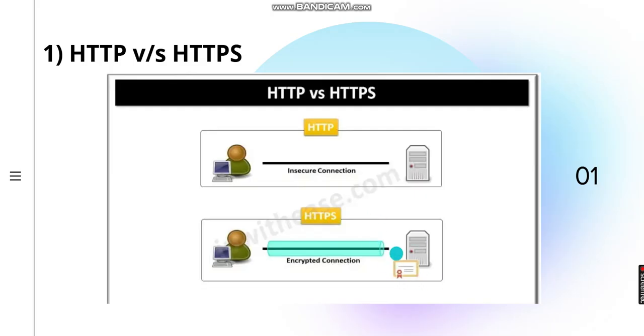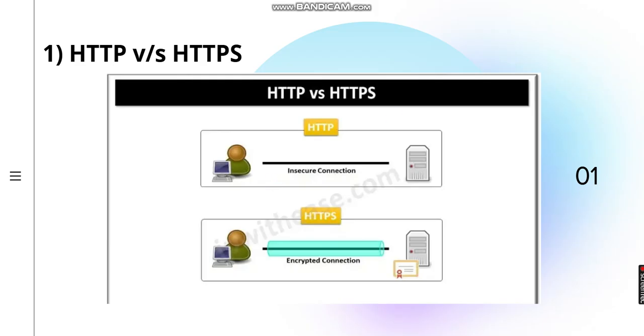There is a certificate signed at the server end, an SSL certificate. Using these protocols, the data you get from the response is encrypted, and if any hacker is also seeing it, they will not be able to read the data. That is why HTTPS is the more secure version of HTTP, and that is what is used in all modern websites nowadays.